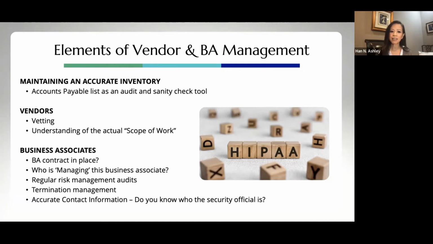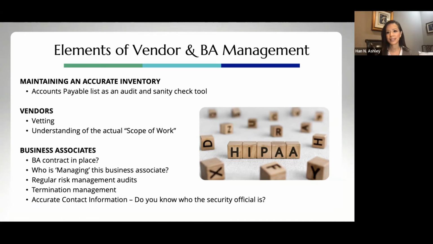For vendors and BAs, we like to see that there's a vetting process in place. When you're looking at your accounts payable list and all your vendors, you can see the list of the folks that are working for you. Do you understand the actual scope of work that they're doing?